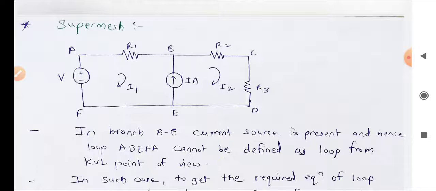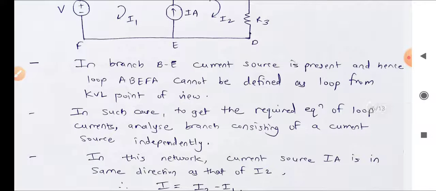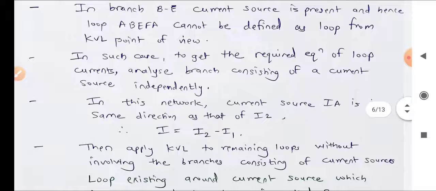So the current source I ampere is present in branch BE. First of all, we write that current source equation in terms of the loop currents. So here the current source equation is I is equal to I2 minus I1.